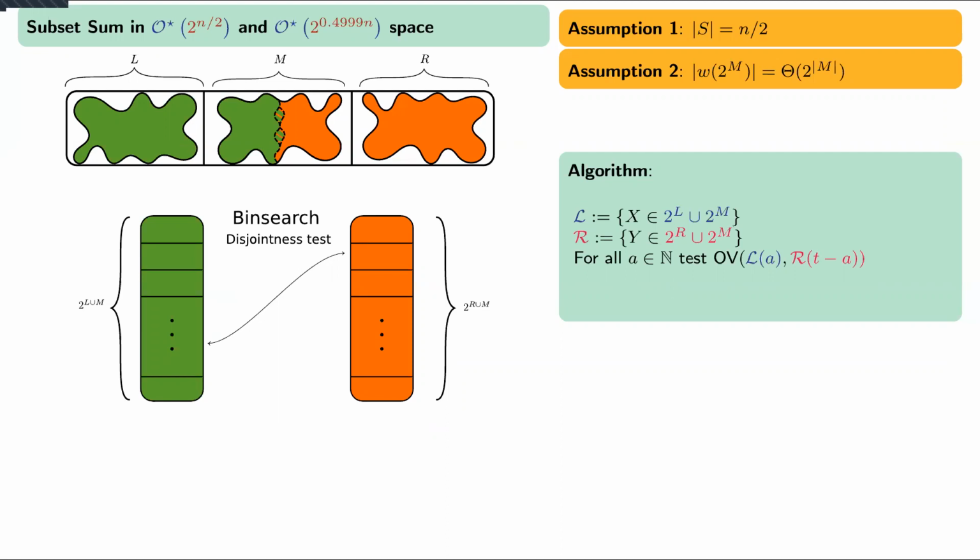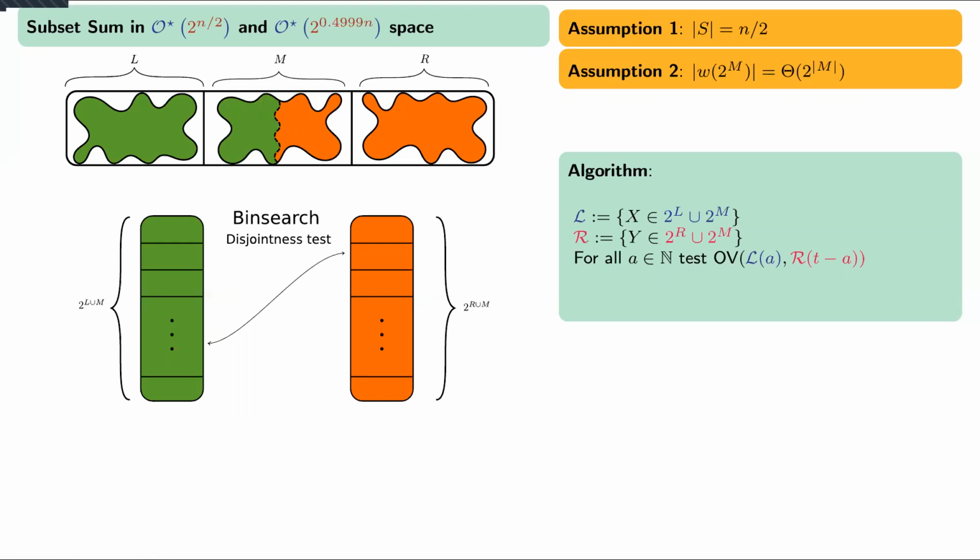So we also need to check whether the sets are disjoint. If they are disjoint and have sum equal to T, then the solution to subset sum is found. This is a slightly worse algorithm.